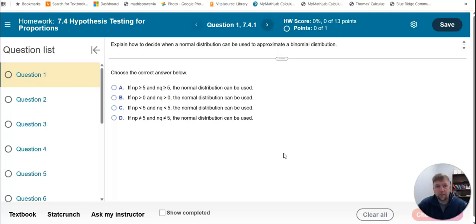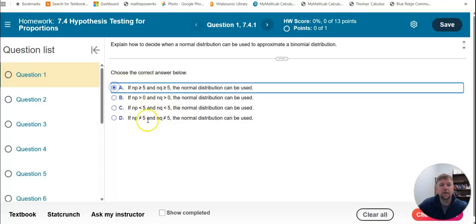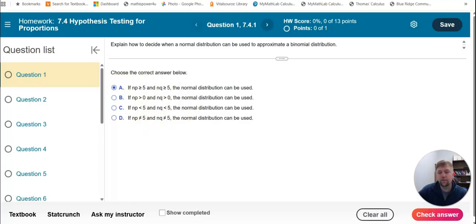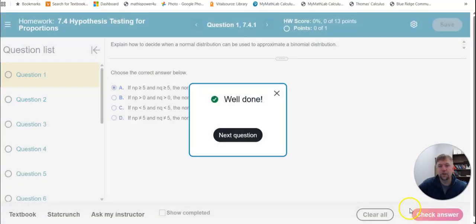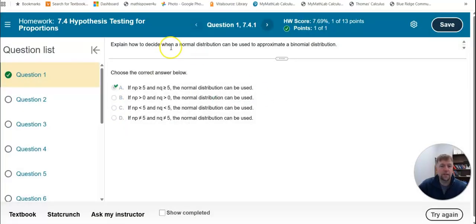There's the binomial distribution taking place there. So we're using the z distribution, or the normal distribution, to approximate a binomial distribution. So we're right back to n times p and n times q both being greater than or equal to 5 to know that we can do it.